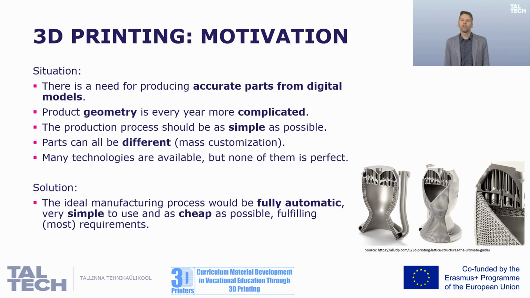Usually the geometry of products nowadays is quite complicated, and it is getting more and more complicated each year. However, the production process should be as simple as possible, because humans are producing it, and if it's simple, then it's easier to teach the operators of the machines.